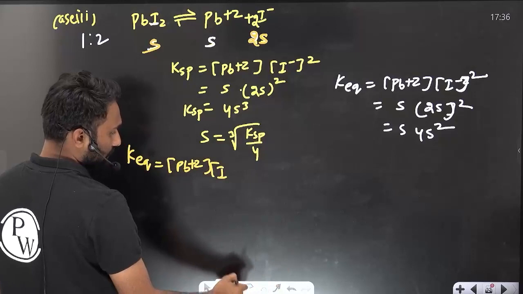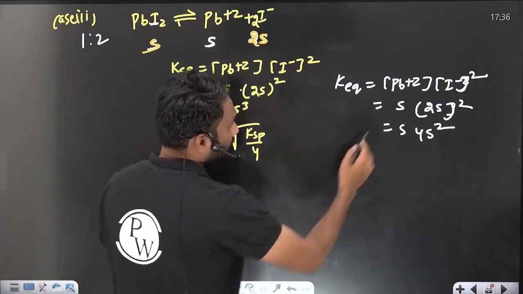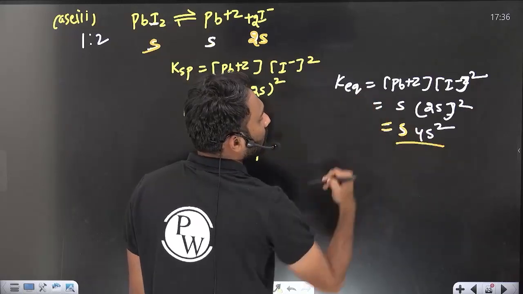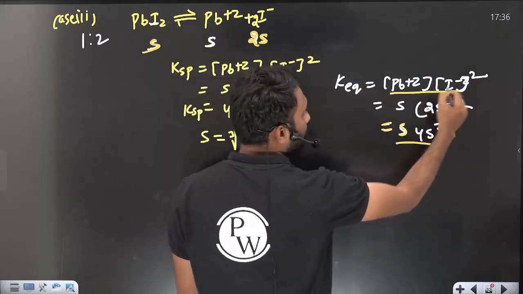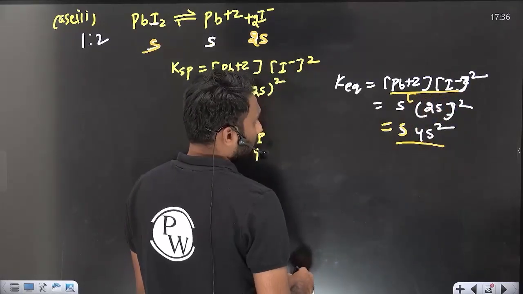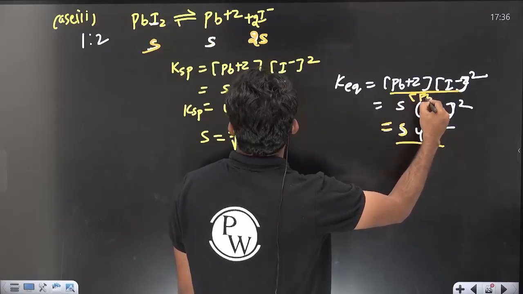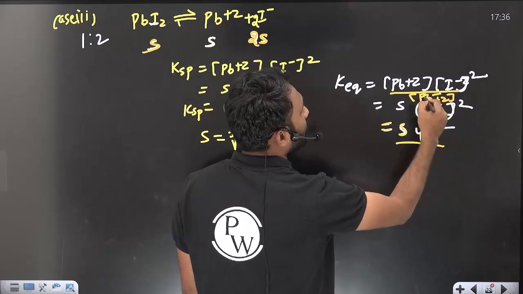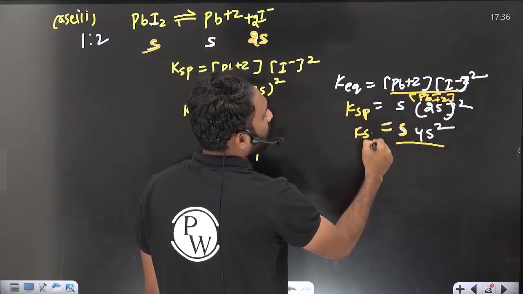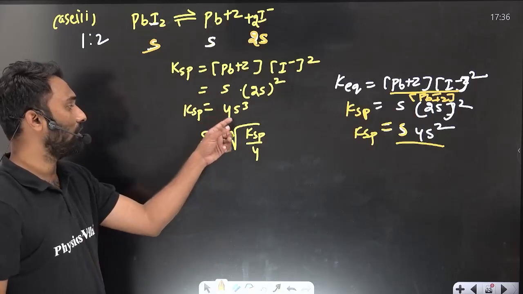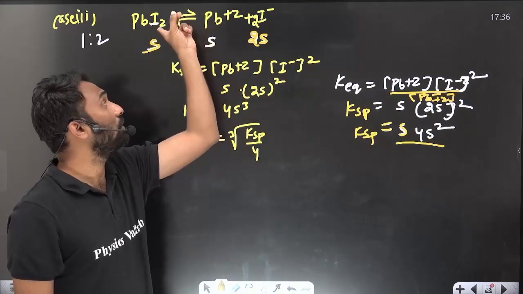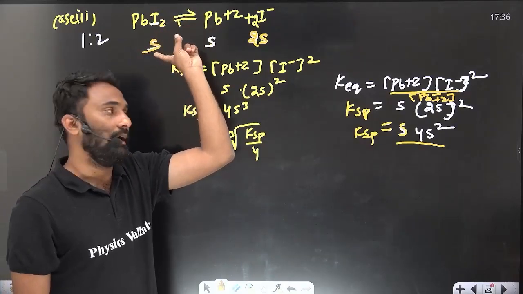If we take the left side, Ksp is equal to 4S cube. S is equal to the cube root of Ksp by 4, with the Ksp value given in the question. If you solve this, you will get the solubility of PbI2.